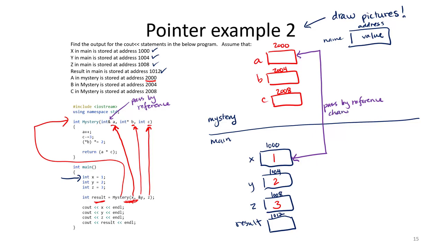So changes made in mystery also change x in main. So in this case, I'm plugging in my value x for a in mystery, but if I change a in mystery, it will also change my value in main.